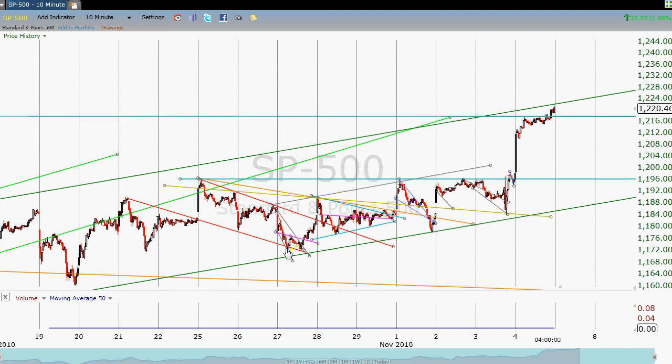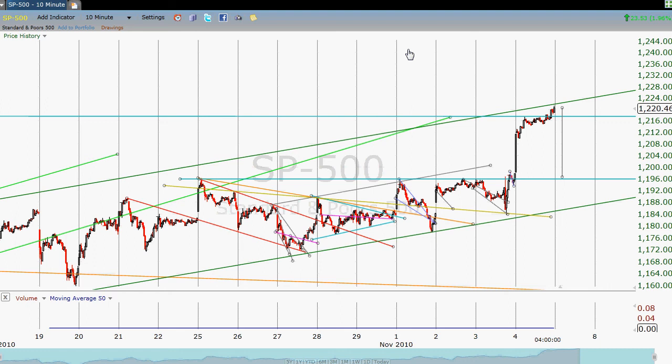You take the depth of the first reactive move from the top boundary, like so. I probably could actually make that a little bit more because we were a little bit deeper on this second touch. And then you add that to the top, to this flat line. Guys, we made that in one day.